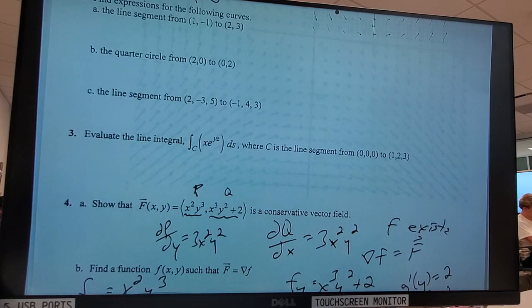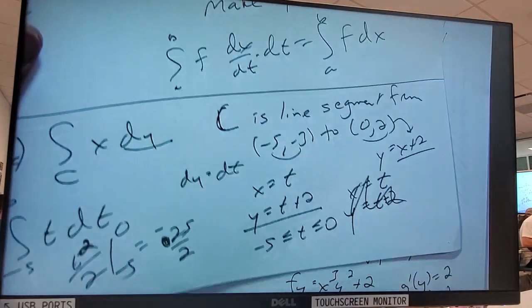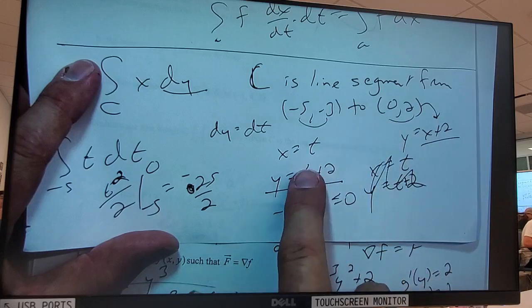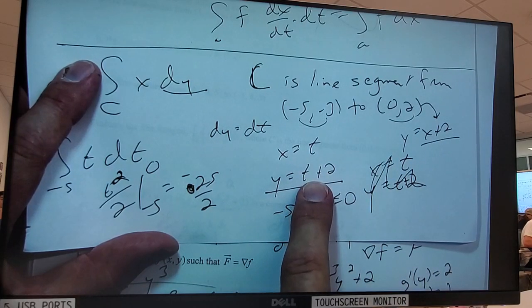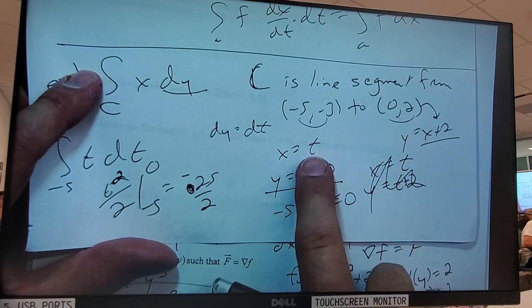In fact, I think the very first one we did was like this. Yeah, there we go. Just reminding us, we did this little one here. C was the line segment from there to there. We got parametric equations.